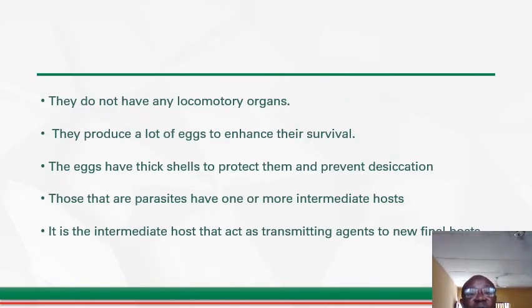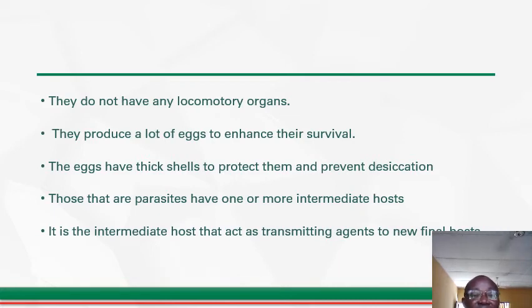They do not have locomotory organs, and they produce a lot of eggs. That is one of the features that enable them to adapt. It is this production of numerous eggs that enhances their survival. The eggs have thick shells, and this shell protects them and prevents desiccation, that is, loss of water from the eggs.